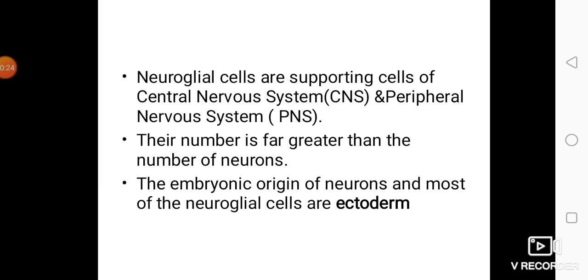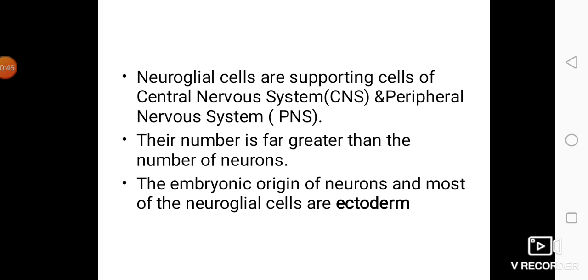Their number is far greater than the number of neurons. Even though neurons are the structural and functional unit of the nervous system, the supporting cells are more than the neurons.